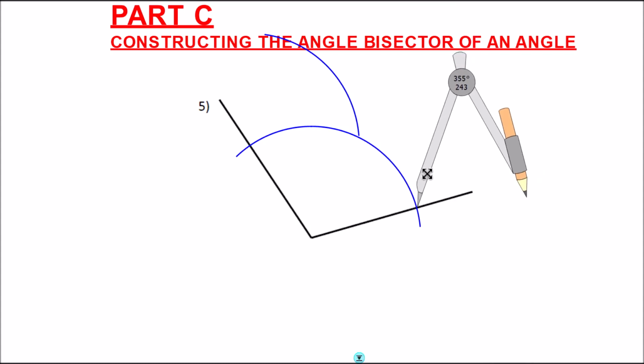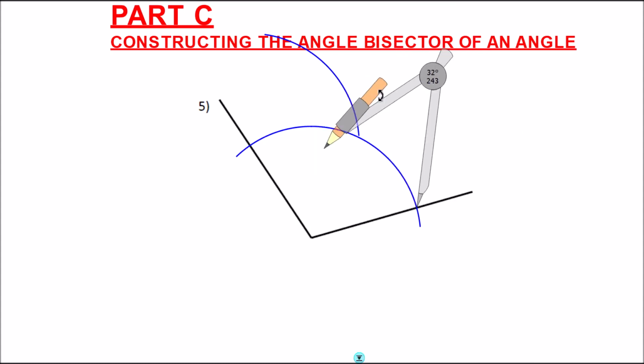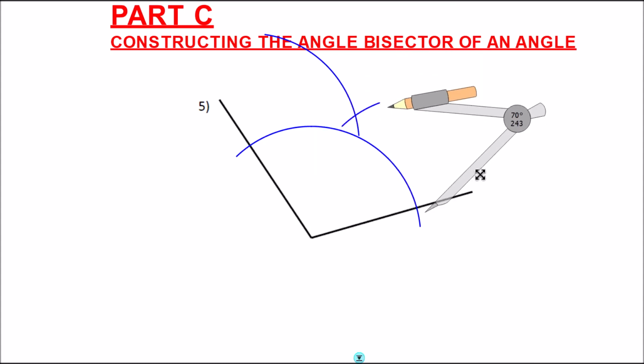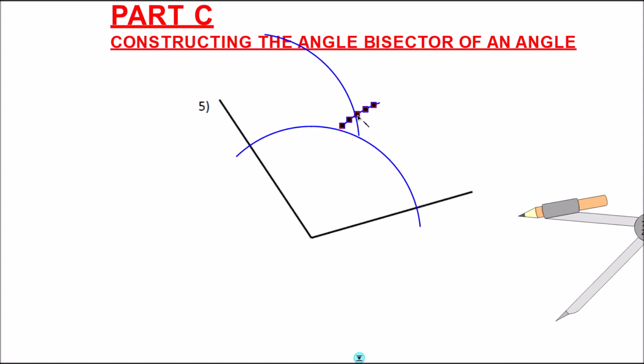Then move the compass needle to the other end, and do a curve from there as well, so it'll again cross in the middle. Where these curves cross, we're going to do a straight line yet again from where the angle begins through where these points crossed, and that's the angle bisector for question 5.